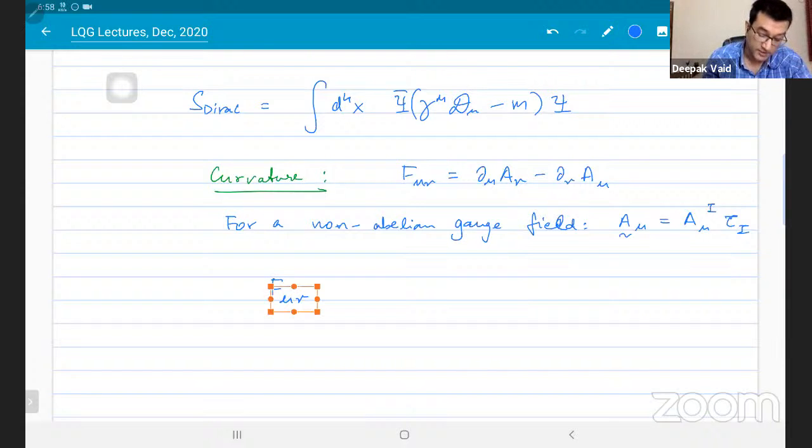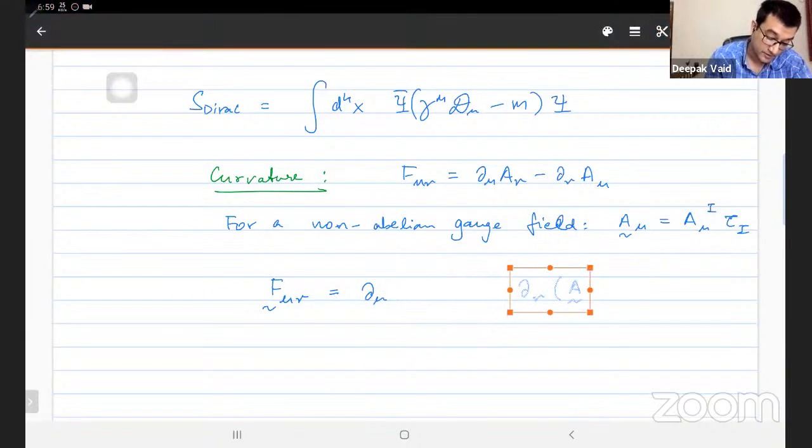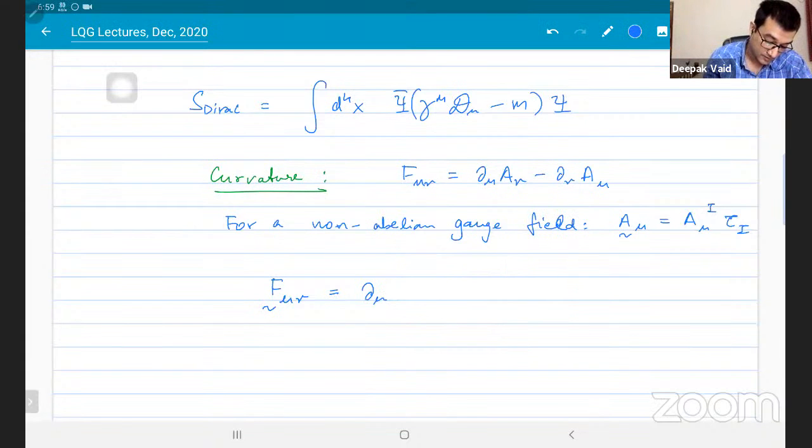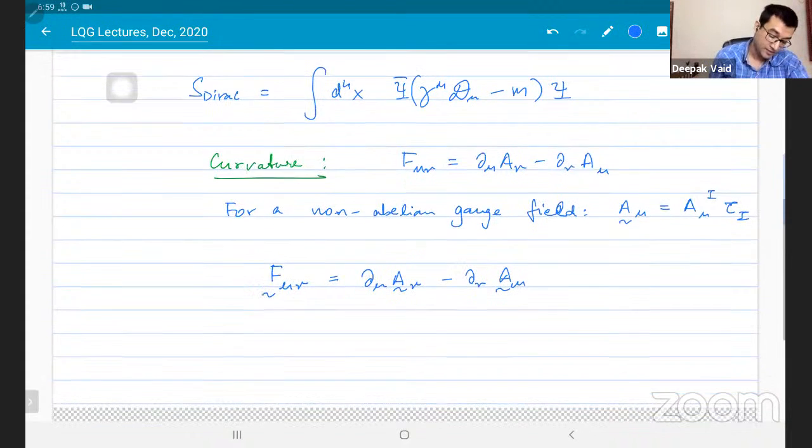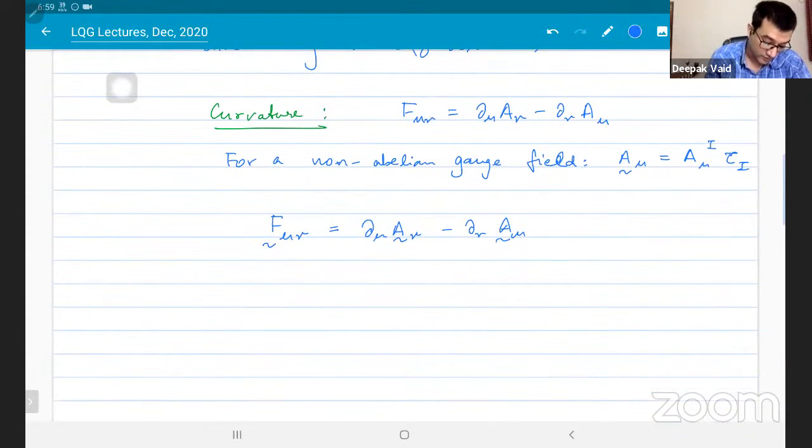I will get two indices mu nu from this mu index, and then I'll put a tilde here. You will see why. So let's say I write down this d nu A mu sigma I minus d mu. Now I can also write this as F mu nu I.